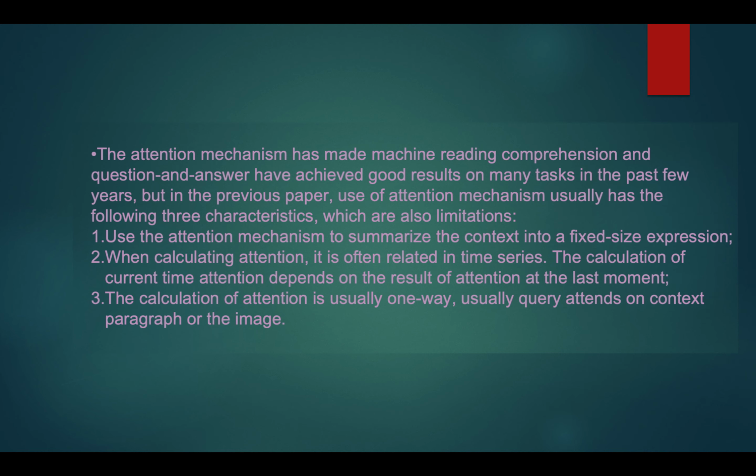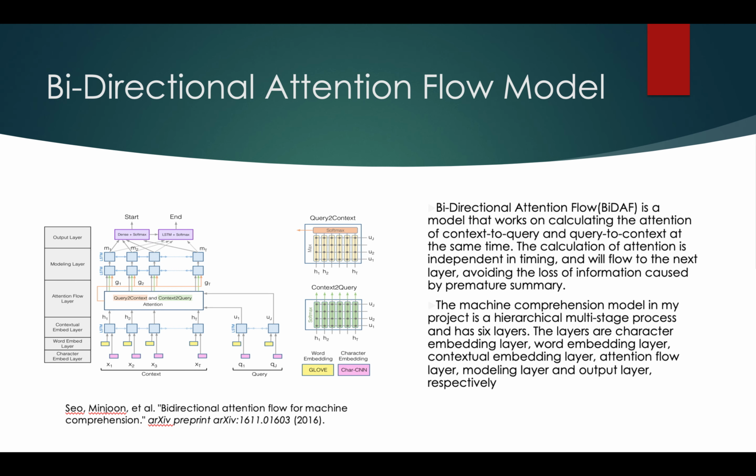The second is that the calculation of attention is often related in time series. The calculation of current time attention depends on the result of attention at the last moment. And the third is that the calculation of attention is usually one way. Usually the query attends on the context paragraph or the image.